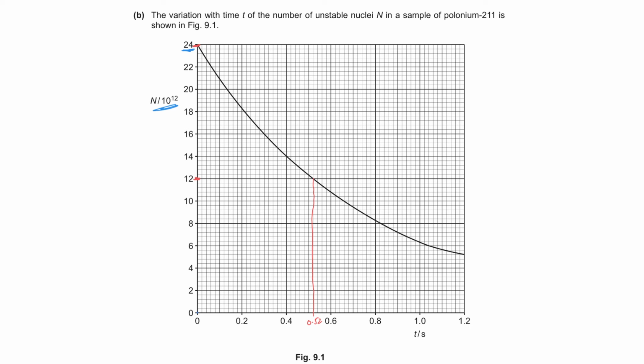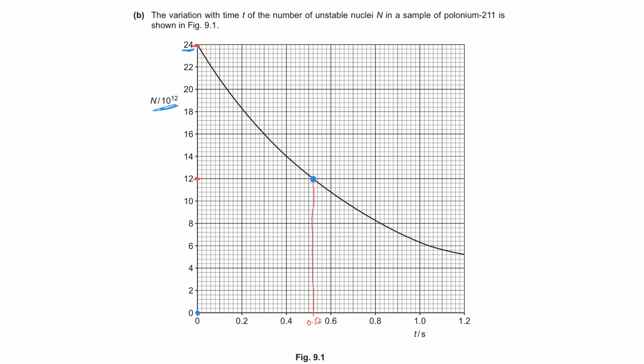So we'll start off with 0, 0. And after one half-life, we lose half of polonium, which is basically 12 into 10 to the power 12 particles. That would give us the same amount of lead nuclei. So our graph should pass through this point.